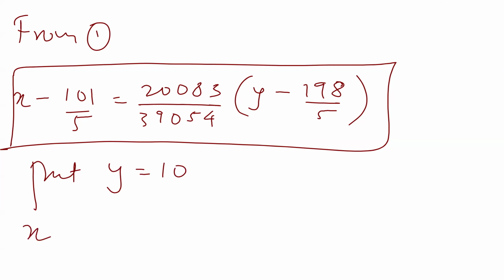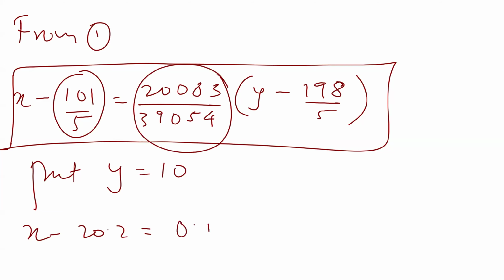Okay, so x minus 101 upon 5. So 101 upon 5, if you divide it, that is 20.2. This we calculated earlier, so this is 0.51, and 10 minus 198 upon 5, 39.6.